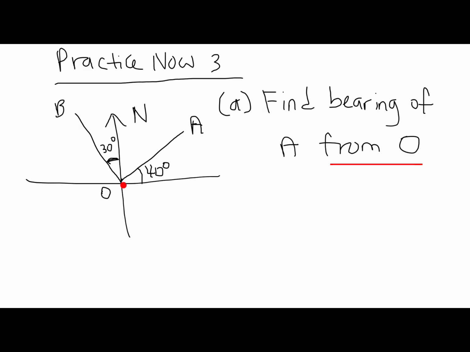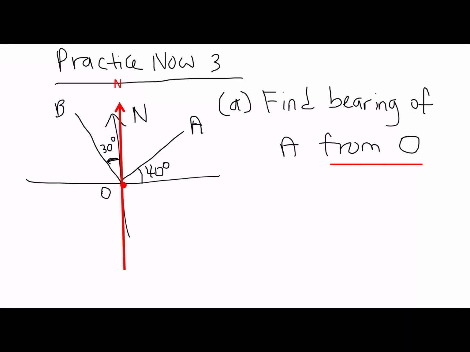So at O, you draw a north line. In this case, it's already drawn for you, but let me highlight it. This is a north line. Now forgive me for the terrible sketch. After I draw my north line, I need to draw the line of sight.